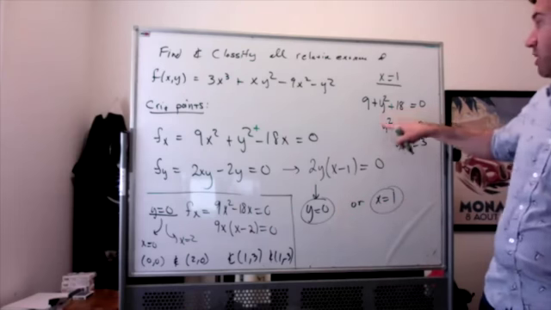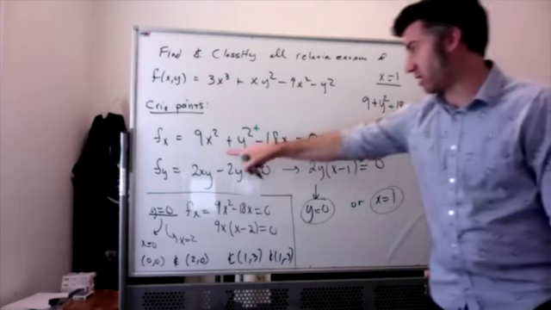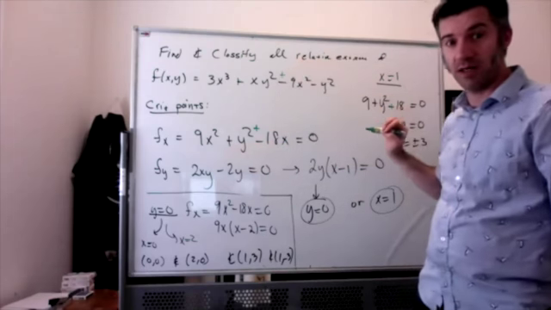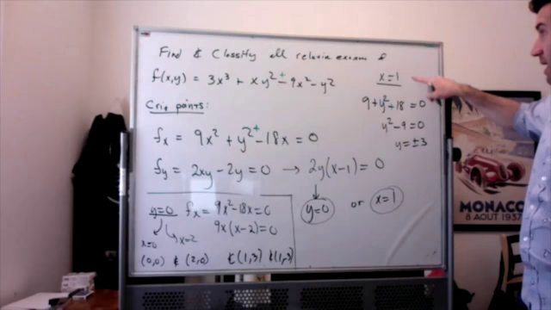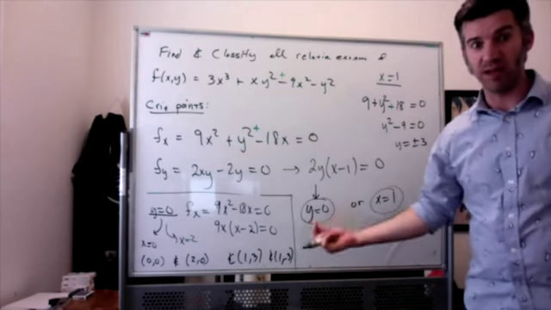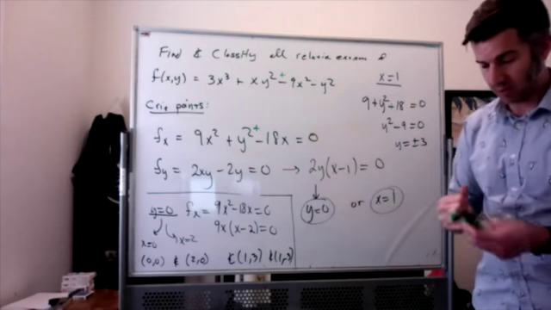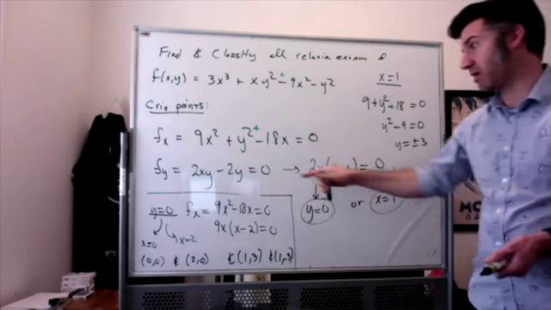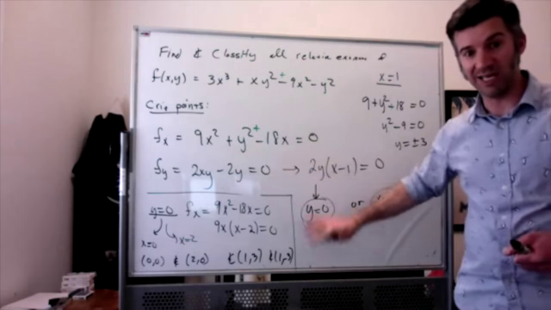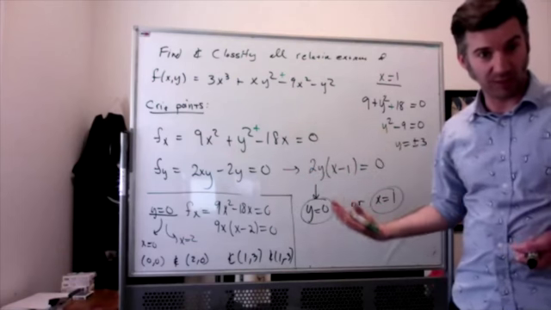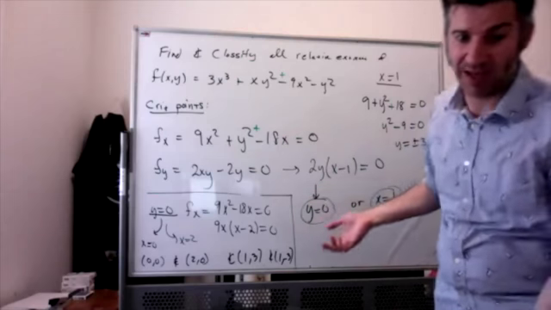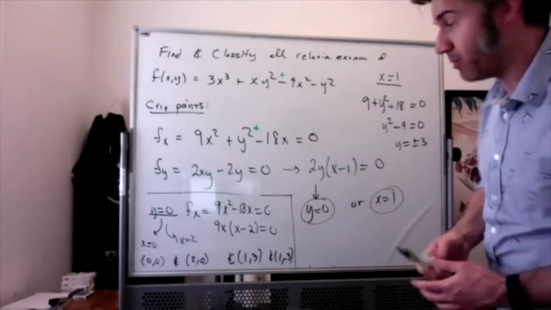If this was 9x squared plus y squared plus 18x, because this was a plus here instead, when you had x equal to 1, you wouldn't have actually gotten any critical points because there wouldn't have been any y's to go with it. So sometimes finding one partial derivative equal to 0 doesn't actually yield the other one being able to equal 0, and that's okay. Sometimes you don't get any critical points. That can also happen. Not usually, but it does happen.